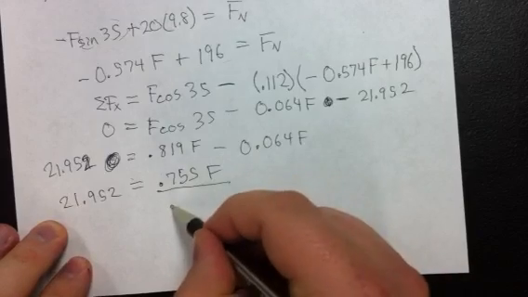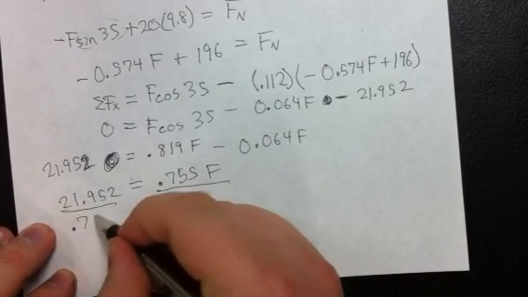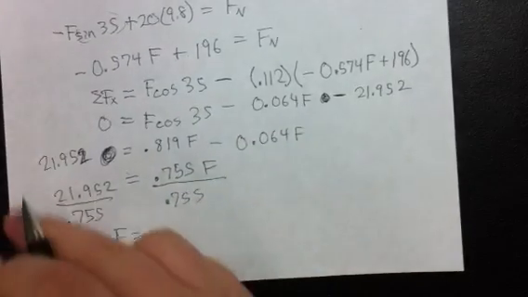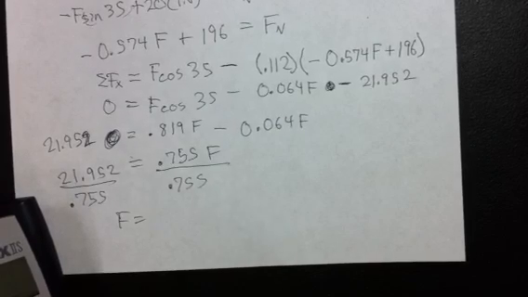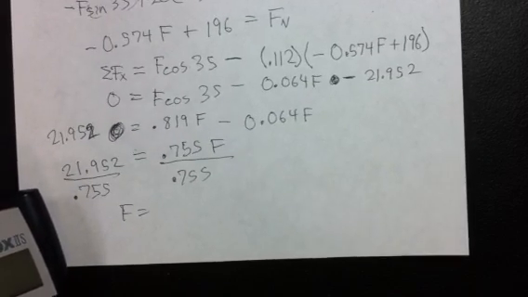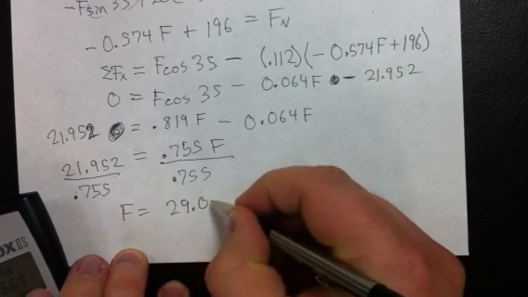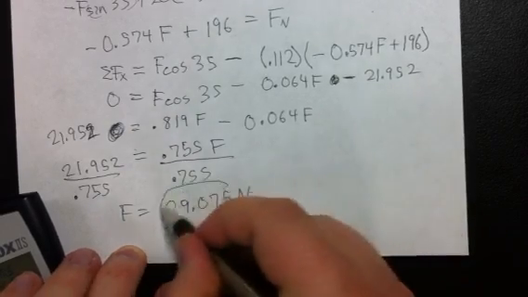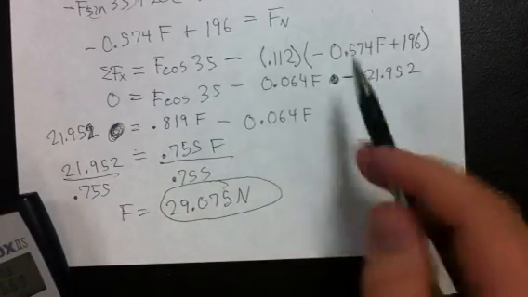Now we divide both sides by 0.755. And our force is going to be equal to 29.075 newtons. This is the force that the child must pull on the rope in order to get this sled moving.